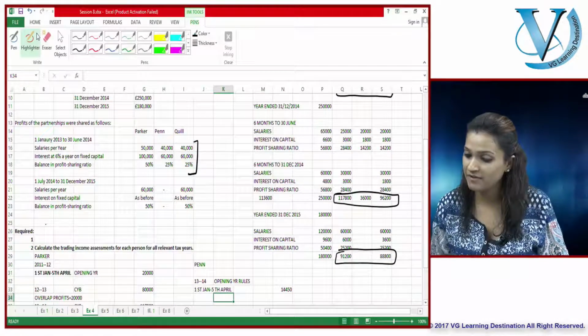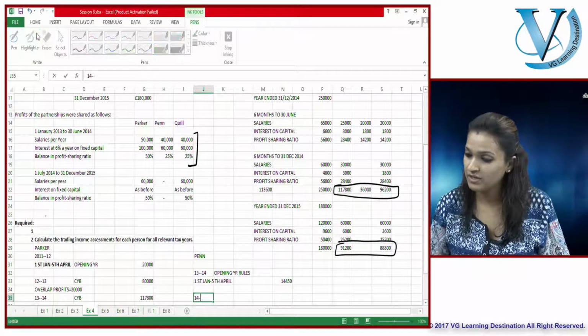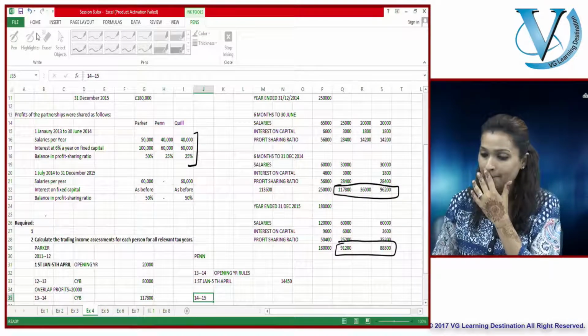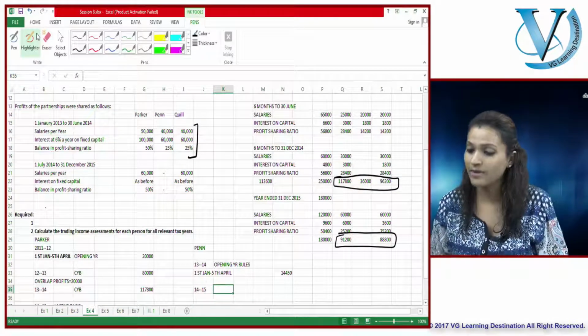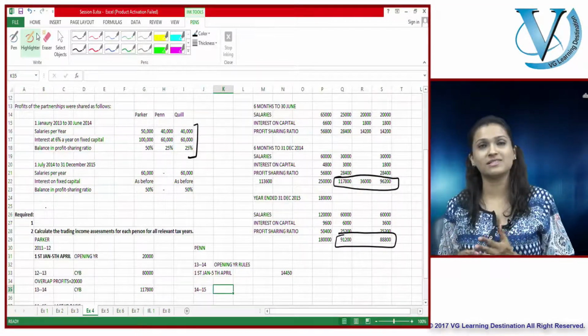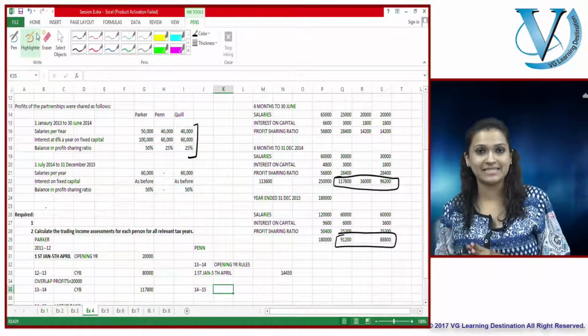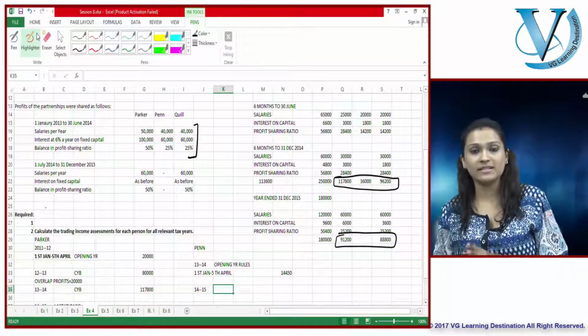Next year, what do you have? 14, 15. You now arrive at your current year basis. You ask yourself a few set of questions. Is there an accounting period which ends this tax year? Yes, there is. How long is it? It is for 12 months.